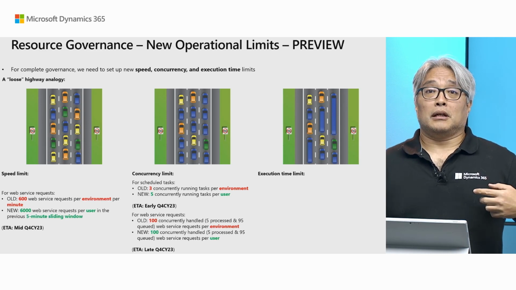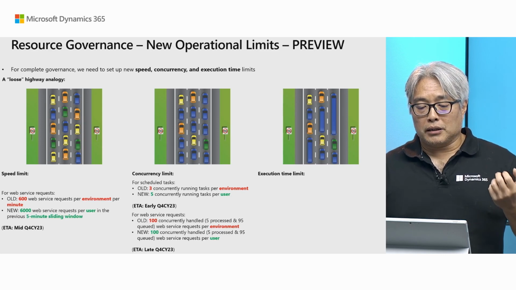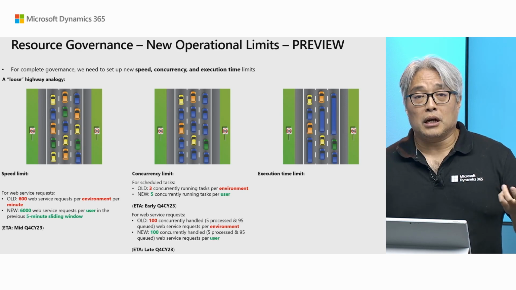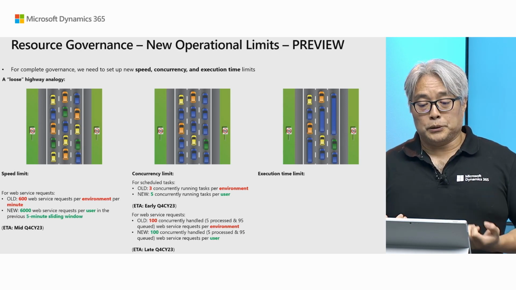Now we're allowing it per user. So we are opening up the parallel web service requests: 100, the same number, 100 concurrently handled, 5 processed, and 95 queued, but per user. That means when you have an environment with more users, you get more throughput. That's the last improvement that we're aiming at for the end of this quarter.